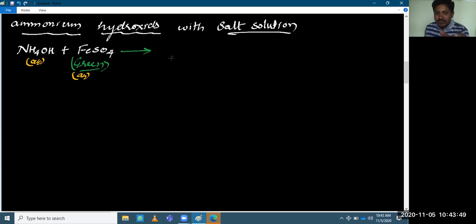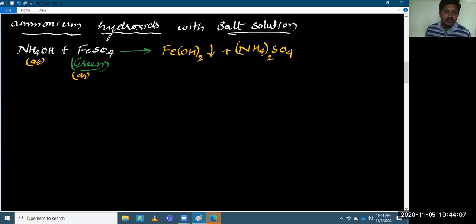Among the two products, one should be insoluble; that is what we call the precipitate. It produces Fe(OH)2, which is insoluble, along with (NH4)2SO4, which is in solution. Then balance the equation.